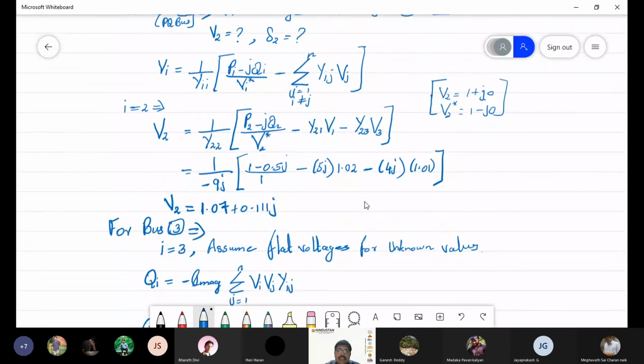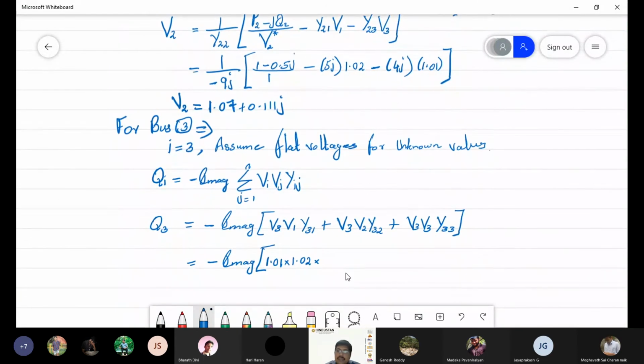So you can easily substitute the value, multiplied by 10j. Plus V3 again, 1.01, multiplied by V2. Listen, the V2 value is the one we got from the previous calculation. While doing the previous calculation we didn't know V2, so at that time we put 1 angle 0, but now we know the value of V2.